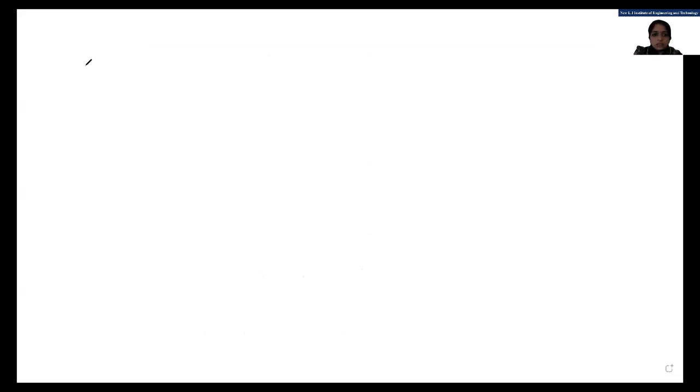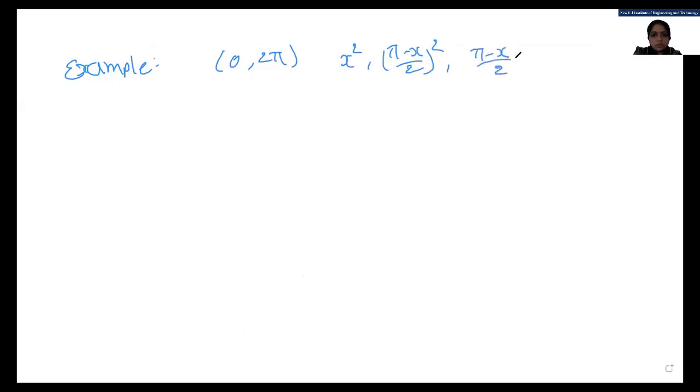We first did the examples with the period 2 pi. If I recall, that is x square and pi minus x by 2 whole square, and so on.